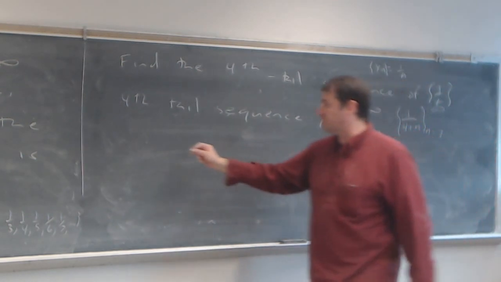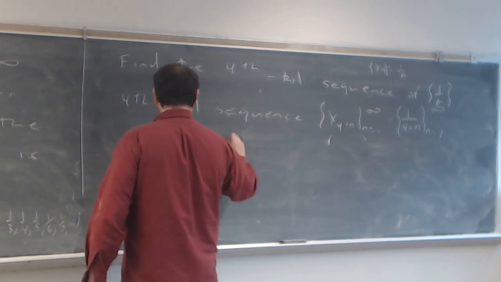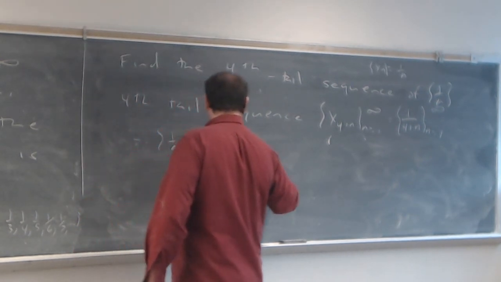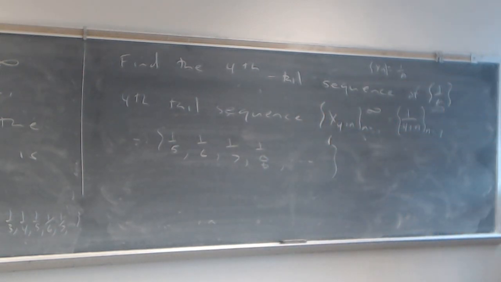And what that's equal to, when n is 1, we get 1/5, 1/6, 1/7, 1/8, and so forth. So the fourth tail sequence is really the entire sequence except the first 4 numbers of the original sequence. Is that okay? So we've cut off some of the sequence and are just looking at the tail end of it, from some point on. That's all we're saying.